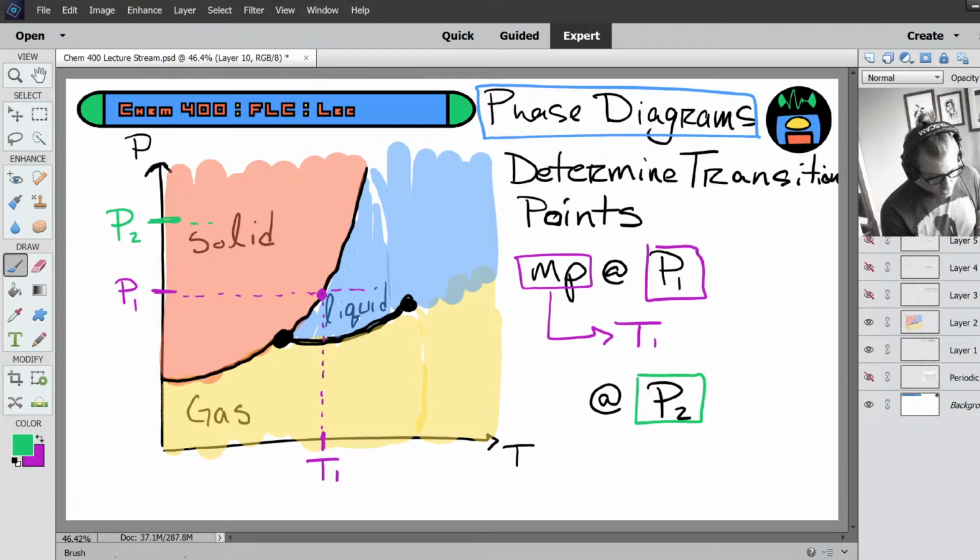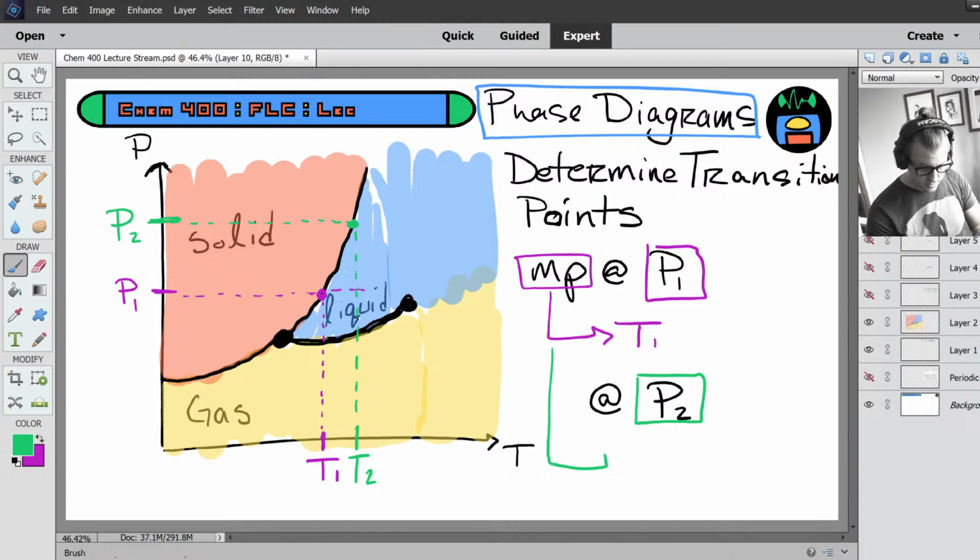You look to see where P2 intersects with the melting transition, and then trace that down and find your temperature. The melting point at this second pressure is this temperature that I've labeled T2.